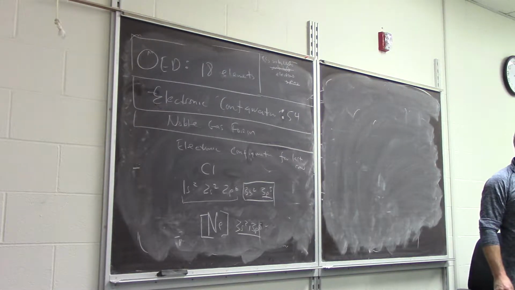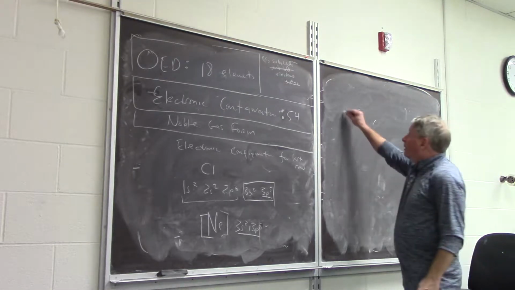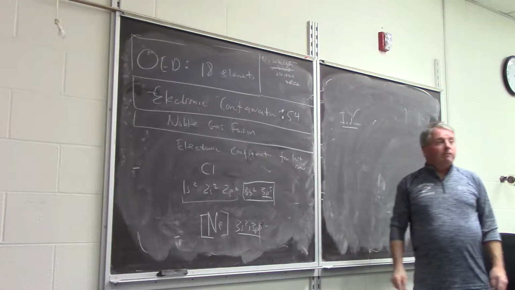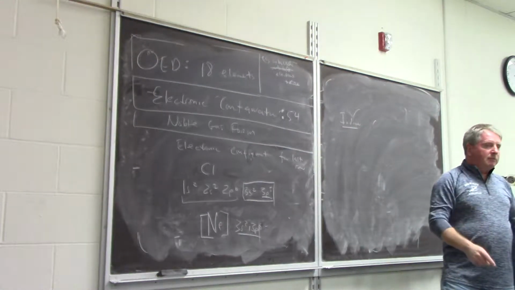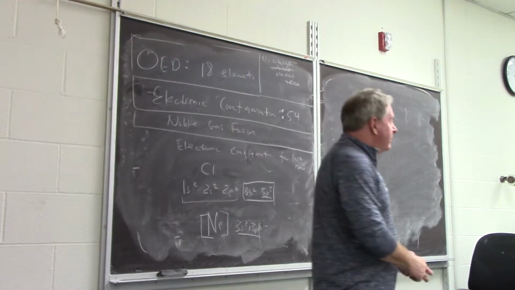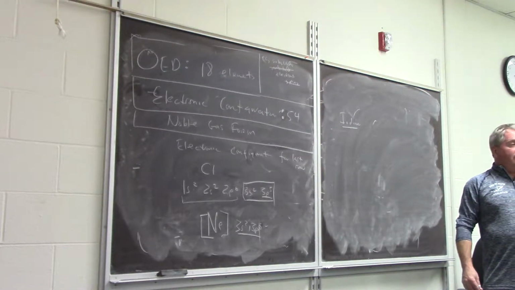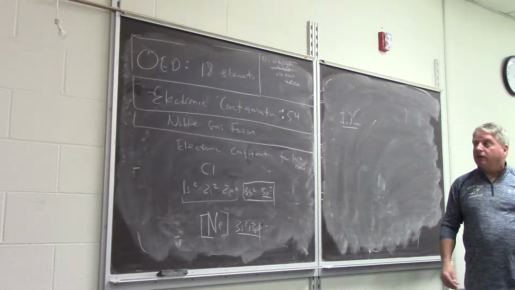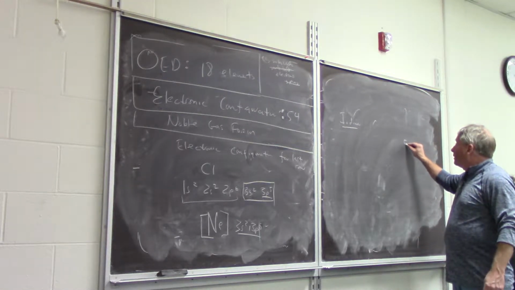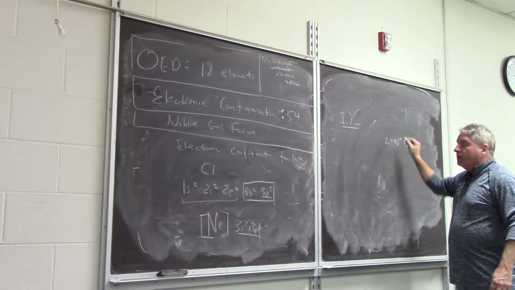Okay, so let's do some of the ones we've done already. Iodine. What's the last row? Iodine's found in the 5th row, so you write everything that's found in the 5th row: 5p5, 4d10, and 5s2.